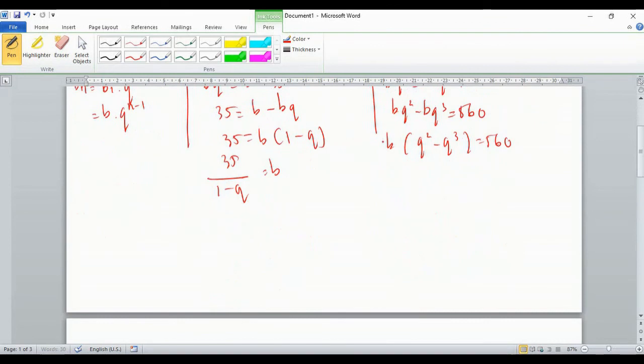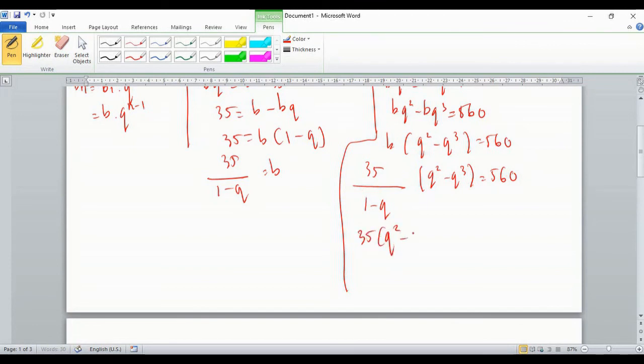So b is 35 over 1 minus k, open bracket, k squared minus k cubed, equal to 560. So we need to simplify this one to be 35 k squared minus k to the power 3 equal to 560 times 1 minus k. So you need to finish this one first.